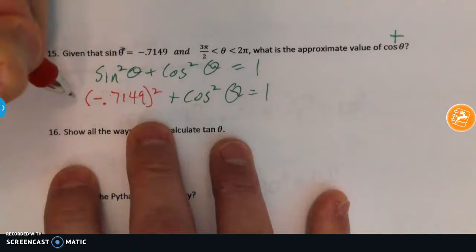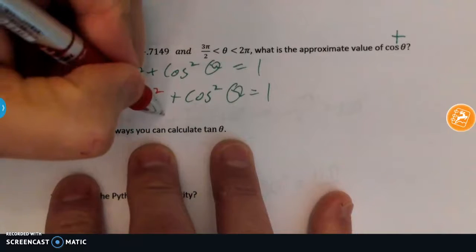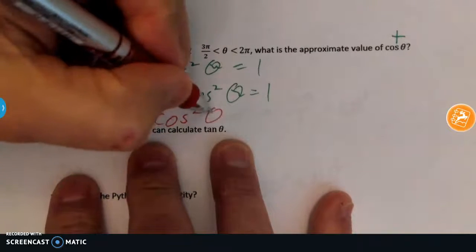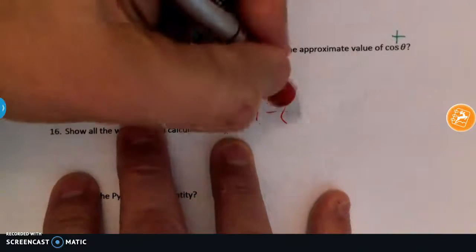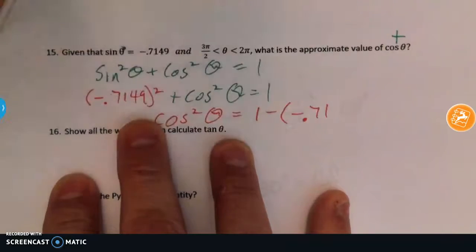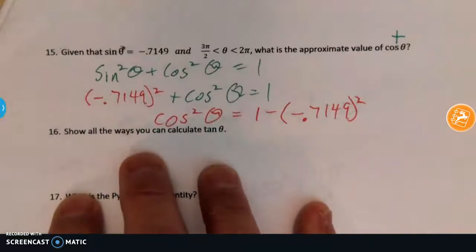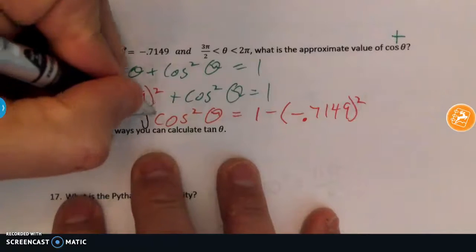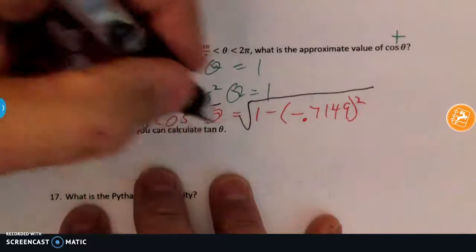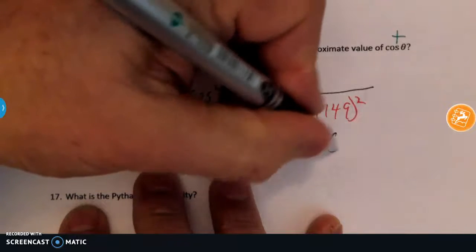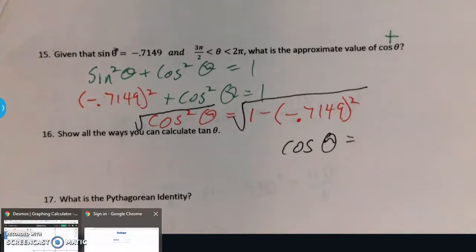So I'm going to say cosine squared theta is equal to 1 minus, now this is a negative 0.7149, and that's going to be squared. And remember, I don't want cosine squared, I want cosine, so I have to take the square root of both sides. So we're going to say cosine of theta equals, let's put this all in the calculator.